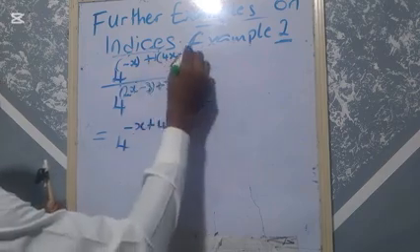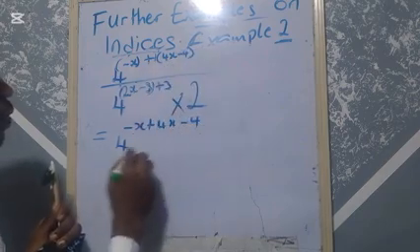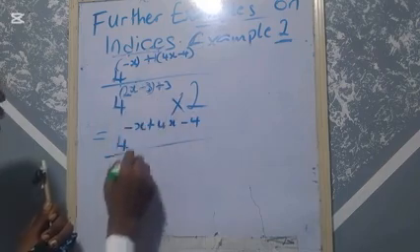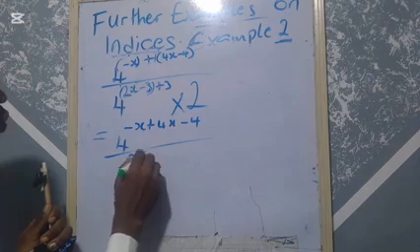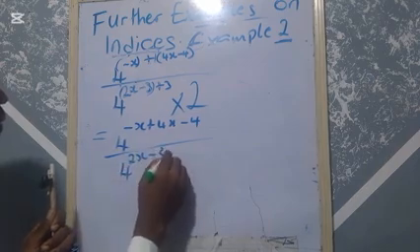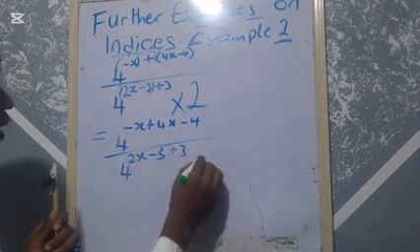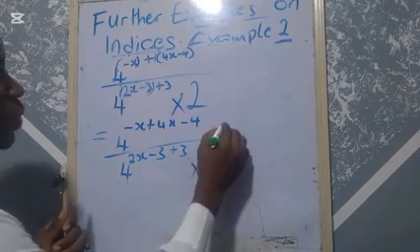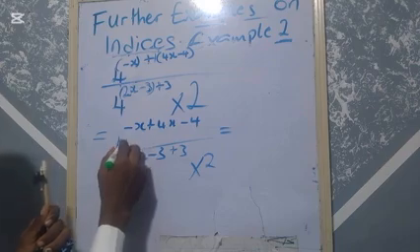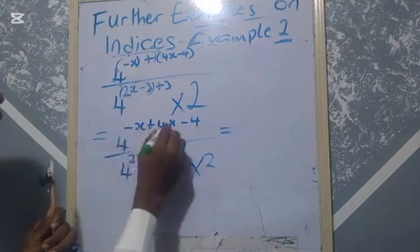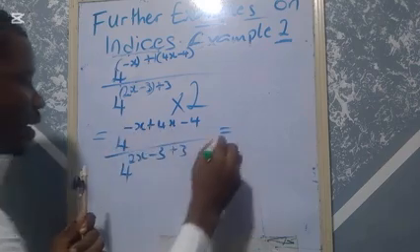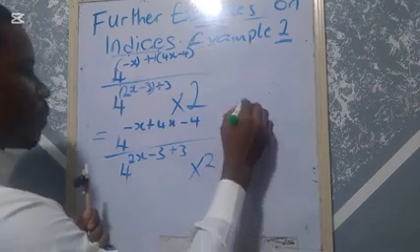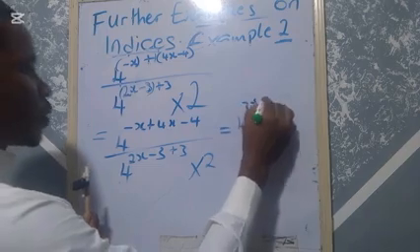Plus 1 times minus 4 will give us minus 4. All over the same thing. Clear this bracket. You have this to be 4 raised to power 2x minus 3 plus 3 times 2. So if you solve this, this becomes what? Minus x plus 4x will give us plus 3x. So you have this to be 4 raised to power 3x minus 4.